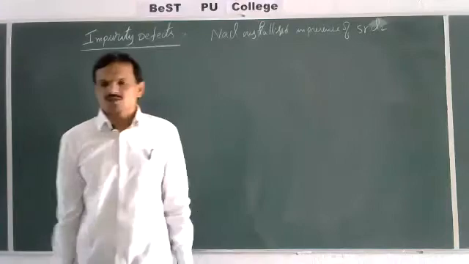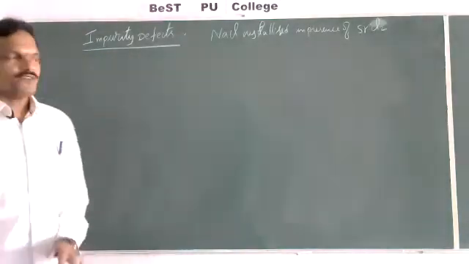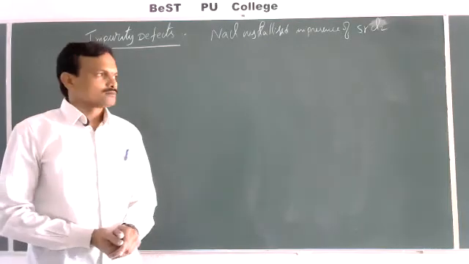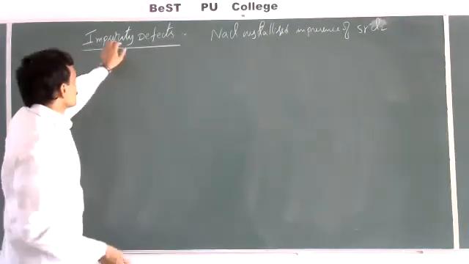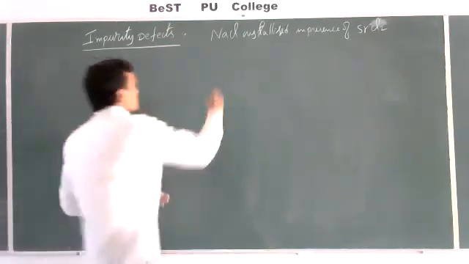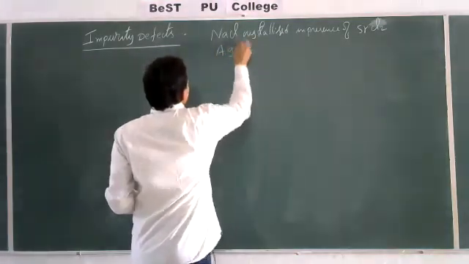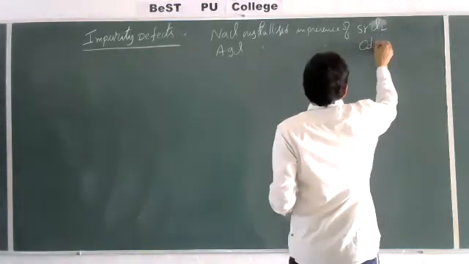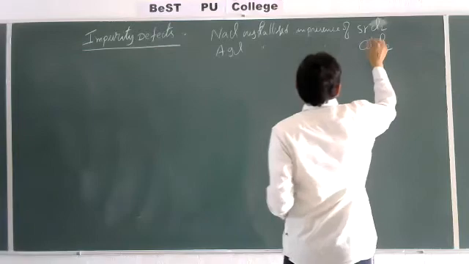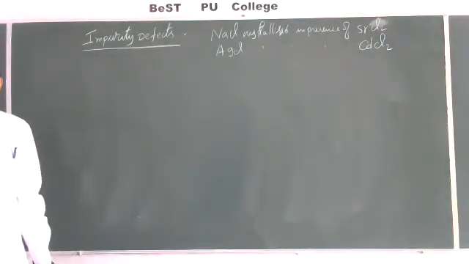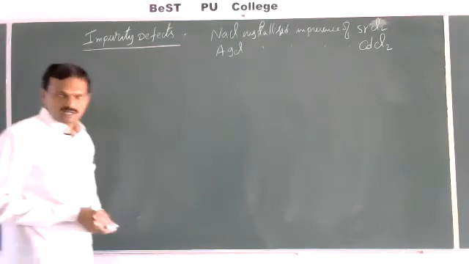During the crystallization of NaCl from the solution, if it contains a small amount of strontium chloride, then we can get impurity defects. Similarly, when AgCl is allowed to crystallize in the presence of cadmium chloride, then also we can get impurity defects. Then how do these impurity defects arise?